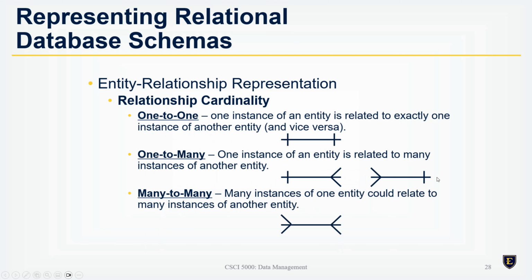There are three types of cardinalities that we see. A one-to-one cardinality, where one instance of an entity is related to exactly one instance of another entity, and vice versa. We have a one-to-many relationship, where one instance of an entity is related to many instances of another entity. And then we have a many-to-many relationship, where many instances of one entity could relate to many instances of another.